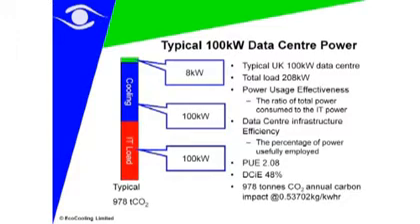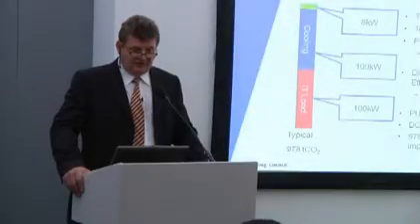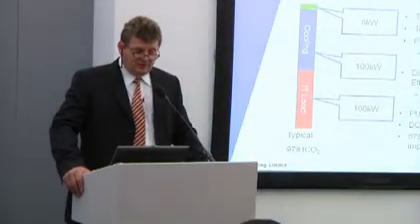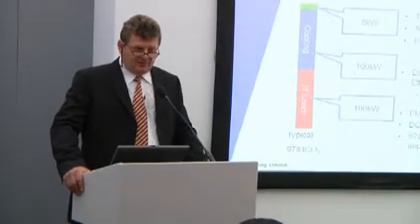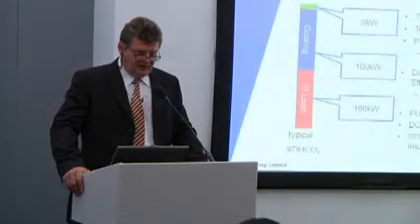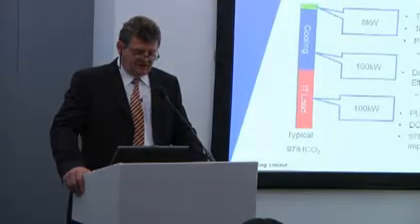Now, the only way you can get to using more energy in your ancillary equipment than in your IT equipment is really by putting it into the cooling equipment. Many people are absorbing as much energy in their cooling as they are in their IT.